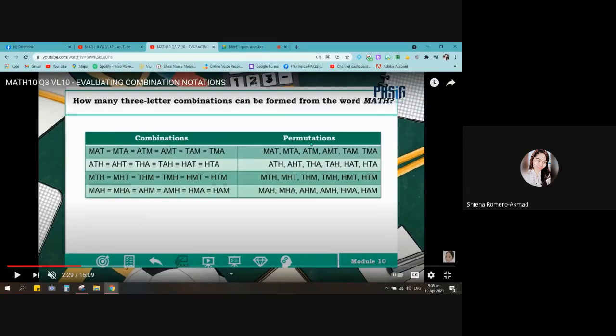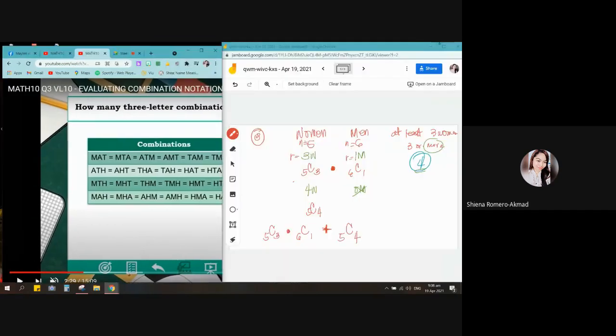So kung permutation ang pag-uusapan natin and we are looking for the three-letter word formed using the word math, there are 24 different arrangements. While in combinations, if you consider those arrangements that have the same elements, you only have here 4 combinations.